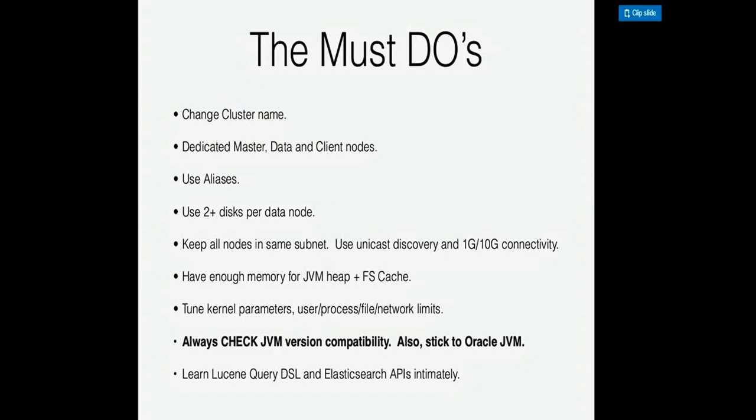Use unicast discovery and 1G or 10G connectivity. Have enough memory for JVM heaps. Tune kernel parameters for user processes, file and network limits, and always check for JVM version compatibility. Also stick to Oracle JVMs.